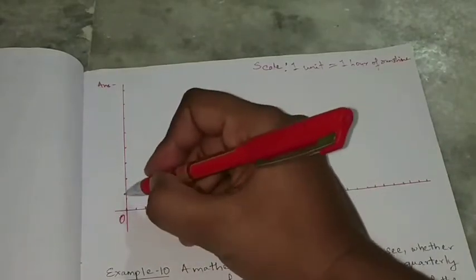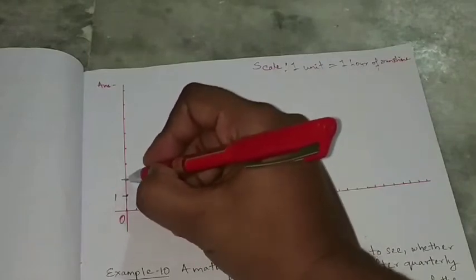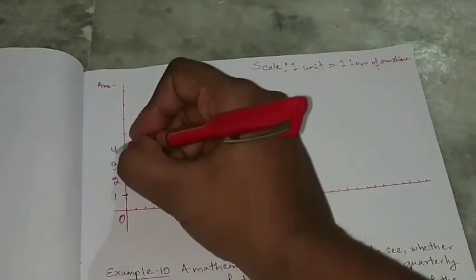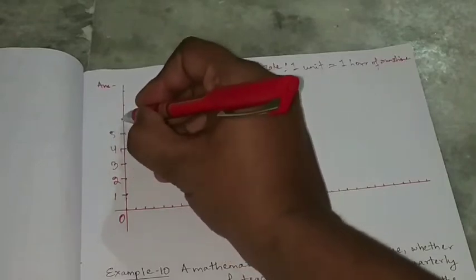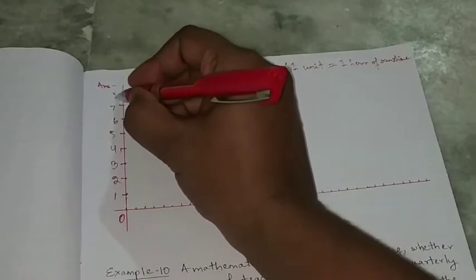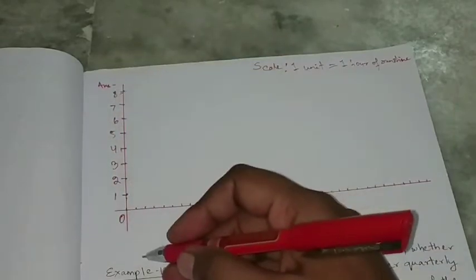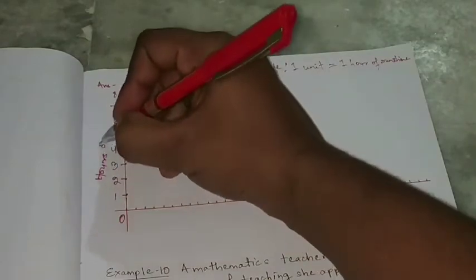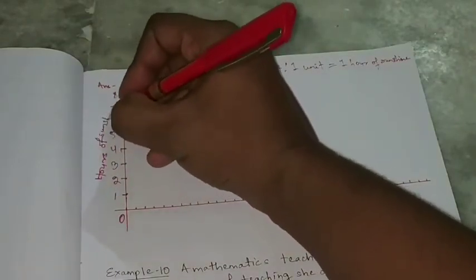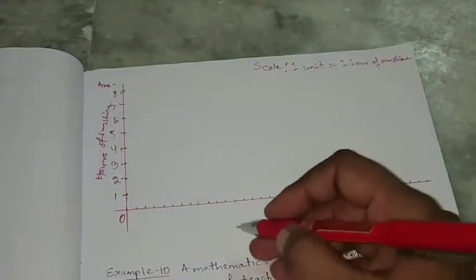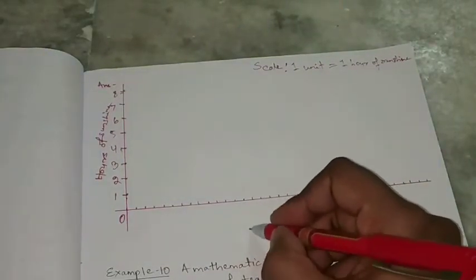From here starting 1 hour, 2 hour, 3, 4, 5, 6, 7, 8. So this is hours of sunshine. You can write it as hours of sunshine. Here we can take the months.